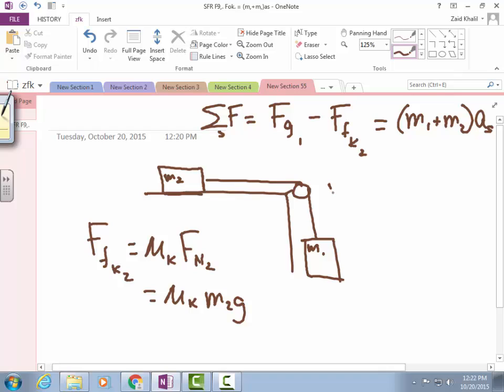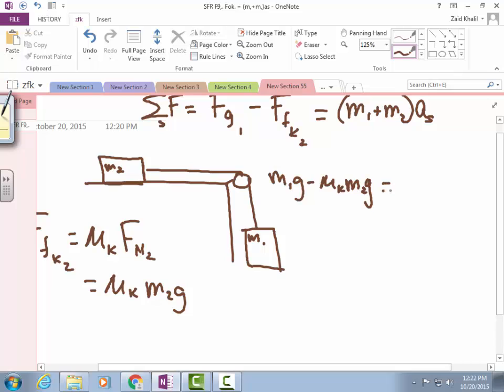We end up with m1 g minus mu k m2 g equals m1 plus m2 times a. Notice, this gave us everything. Well, almost everything. It doesn't give us tension. But notice how quickly it gives us our accelerations.